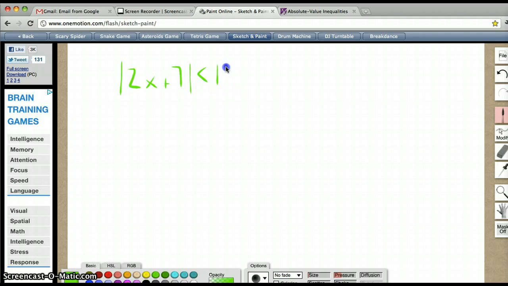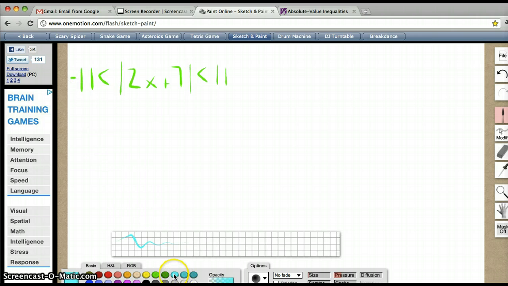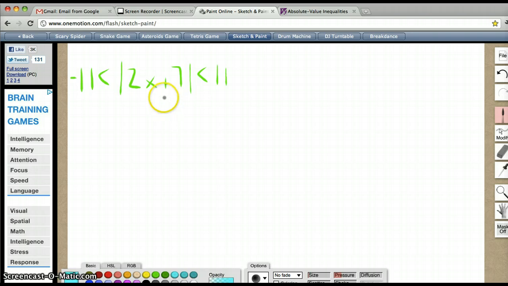So all we're going to do is, if 2x plus 7 is less than 11, then it's going to be greater than a negative 11. Okay, that's all we're going to do. Now, go ahead and switch colors, we're going to subtract 7 from both sides. So minus 7, and minus 7.